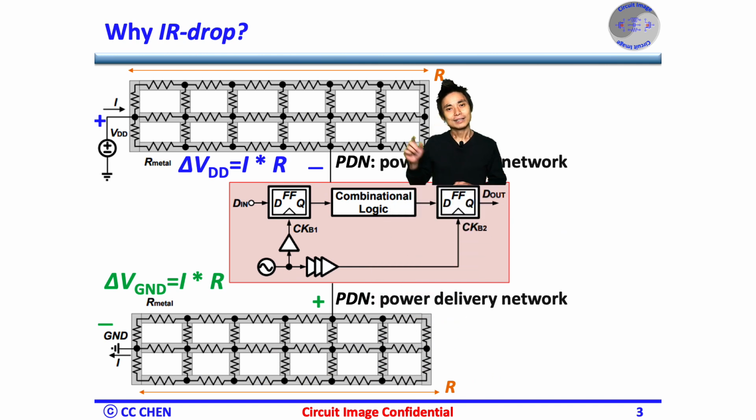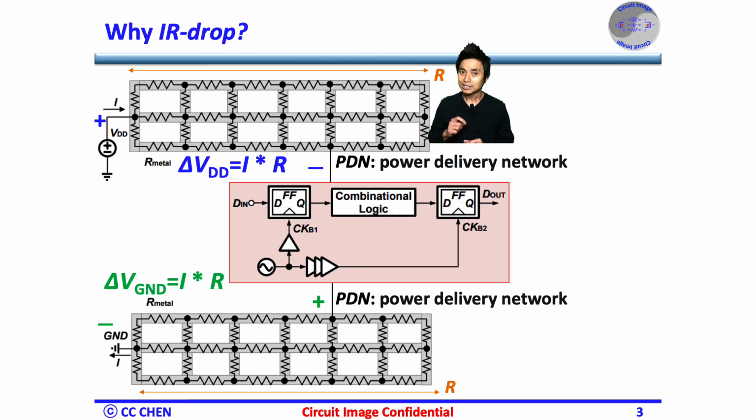Correct. The R would be the resistance of the metal routing. Metal layers used in power, VDD or ground, routings or grid should have finite resistivity or resistance.